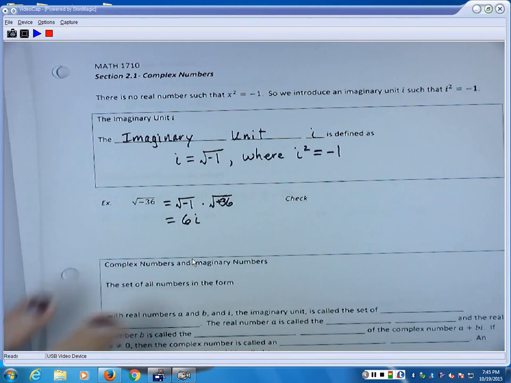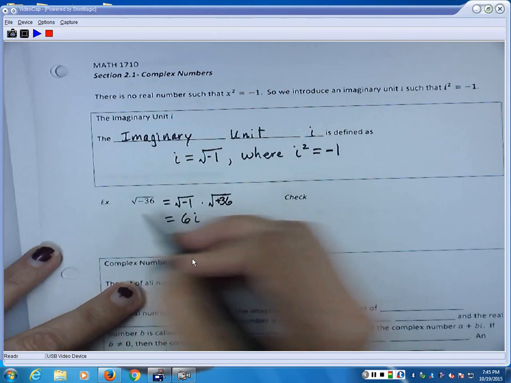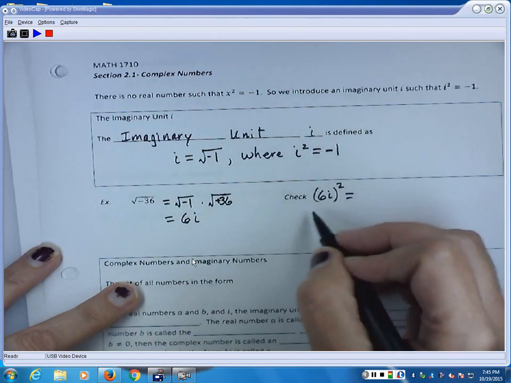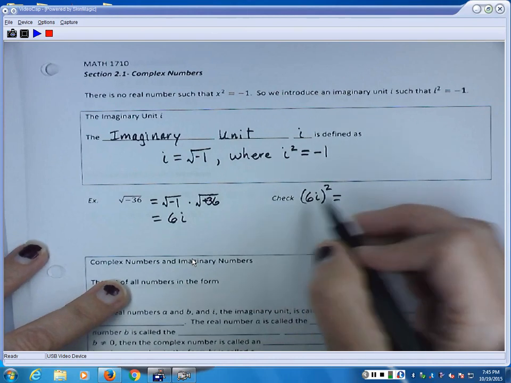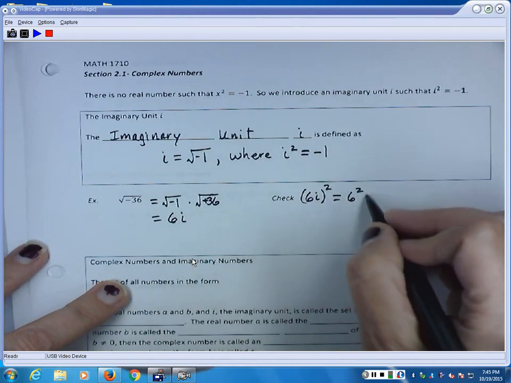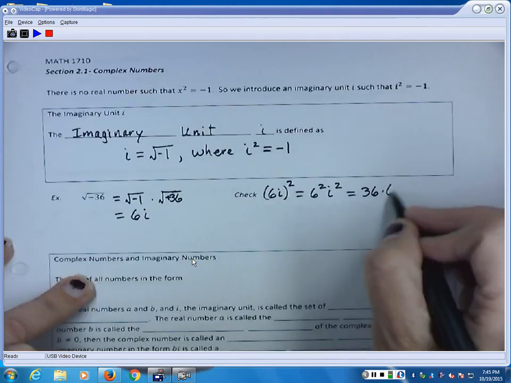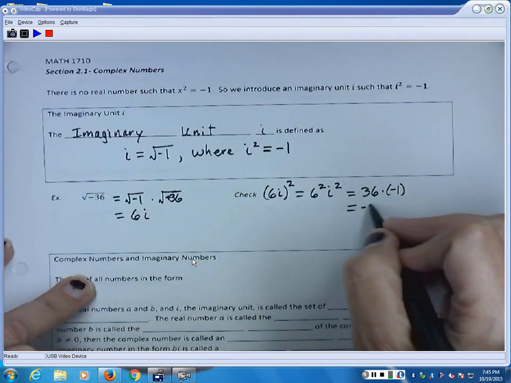You can check: what is (6i) squared? To square two things, you square the 6 and you square the i, you get 36 times -1, you get -36.